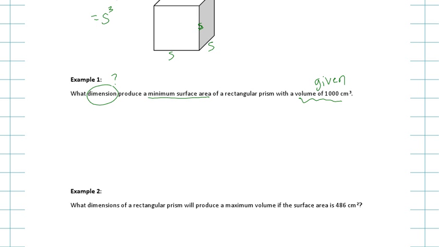No, they gave us the volume, so we have to start with the volume. Okay? So the volume is S cubed. I know that the volume is 1,000. Now, how do you solve for S?